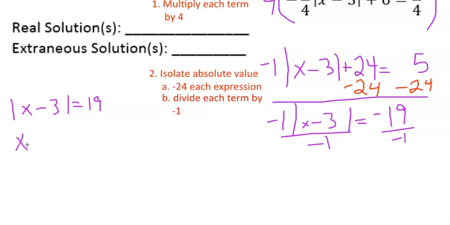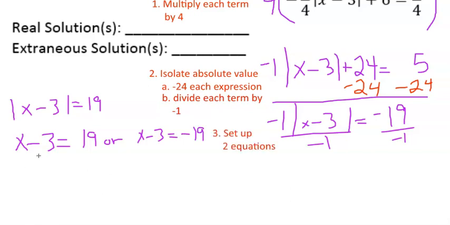We have x minus 3 equals 19, or x minus 3 equals negative 19. We'll solve for x for both equations. Add 3 to each expression.